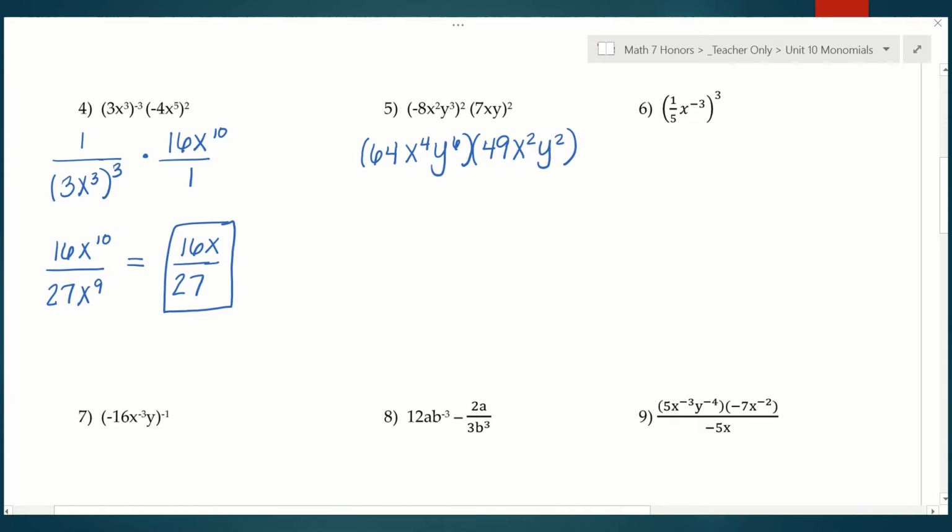And then it looks like our last step is going to be to multiply. 64 times 49. Oh boy, I'm grabbing a calculator for this one. 64 times 49, 3,136. And then we're going to have x to the 6th power and y to the 8th.